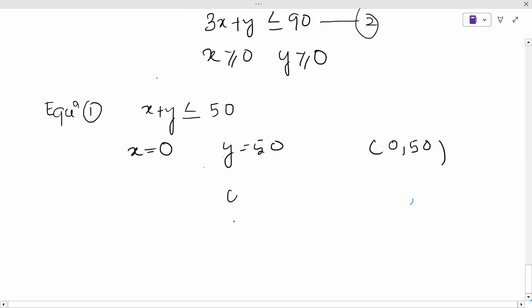For the other one, put y equal to 0. Then x is equal to 50, so the vertex is (50, 0). This is equation 1.